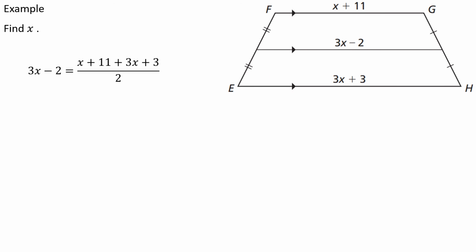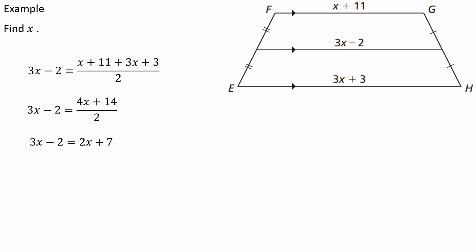Well, let's simplify that numerator. So we'll combine like terms. All right, x plus 3x was 4x. 11 plus 3 made 14. Now, we're really lucky because we could actually reduce that fraction. Right? 2 will divide into both the 4x and the 14.